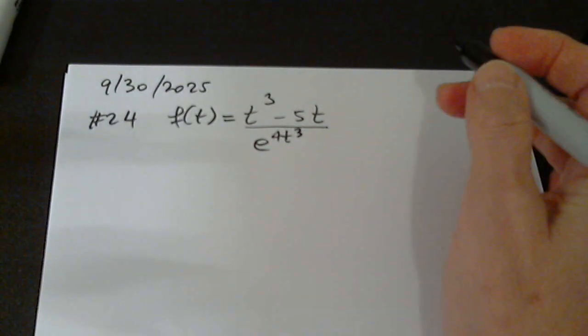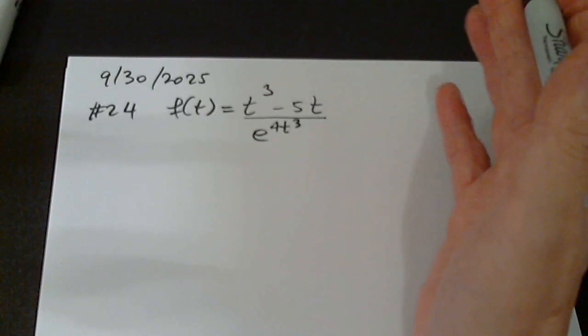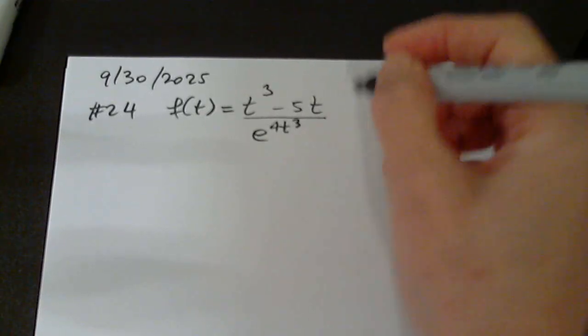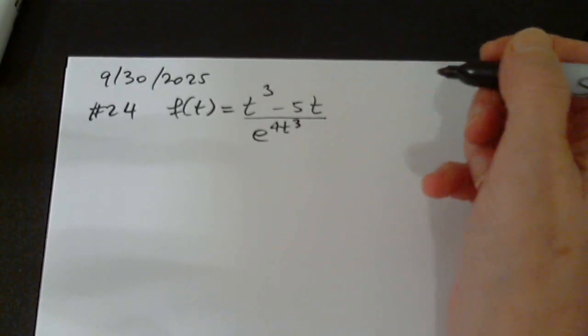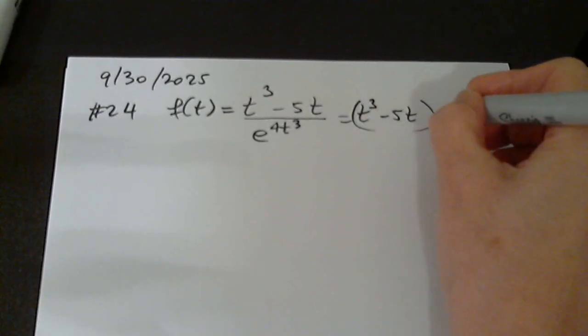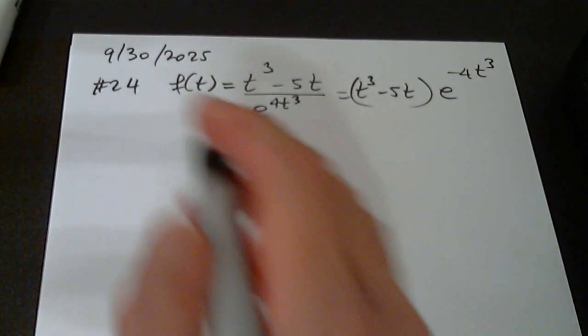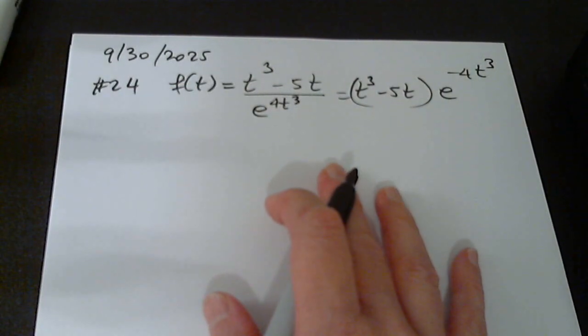Okay, perfect. So I'm just looking at it and seeing if it's beneficial to change it into a product. Maybe. So t to the third minus 5t times e to negative 4t to the third. What we are asked to do is find the derivative?